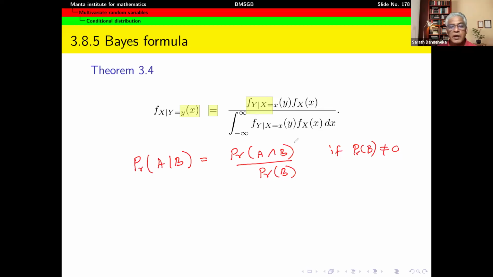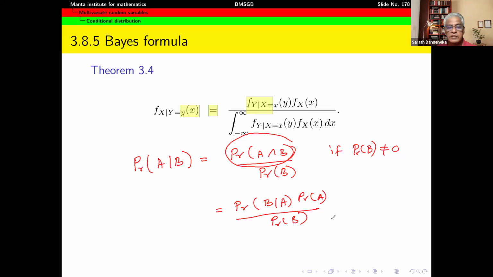So now this part I can write down as probability of B given A times probability of A, and then divided by probability of B, right? And this one we can usually write down using, if there are several events, right?